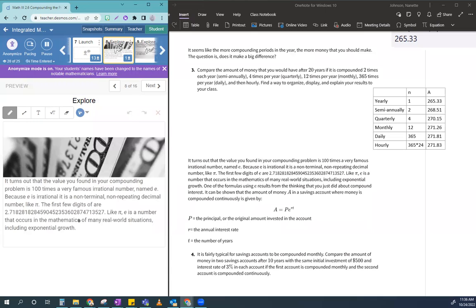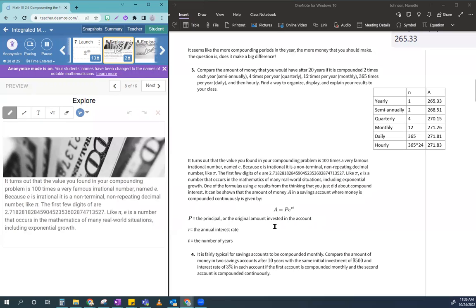So like pi, E is a number that occurs in mathematics in real world situations, including exponential growth. This E right here, you guys all see him? E is a number. He is not a variable. So there are certain variables that look like numbers, and then there are certain letters that are numbers. So yes, Sesame Street lied to you all. E is a number. It's not just the letter.